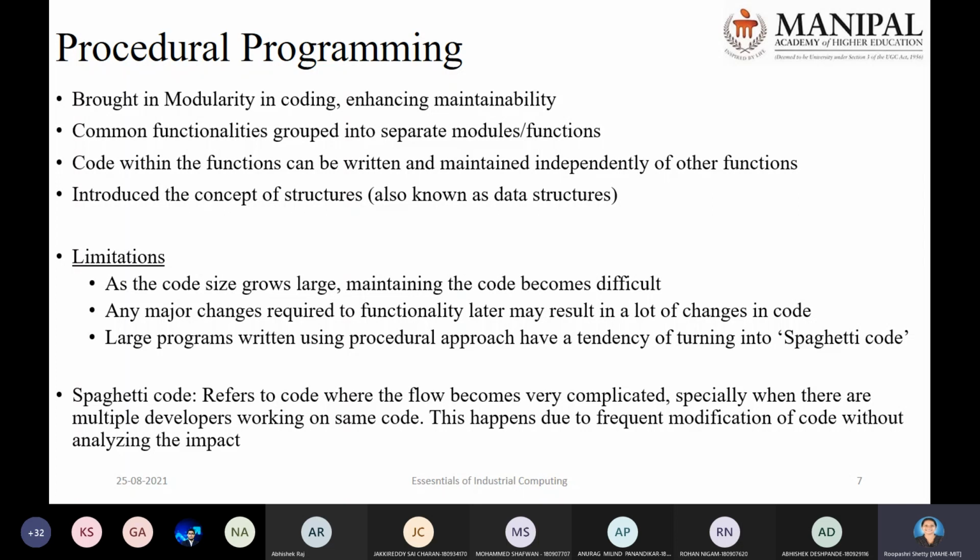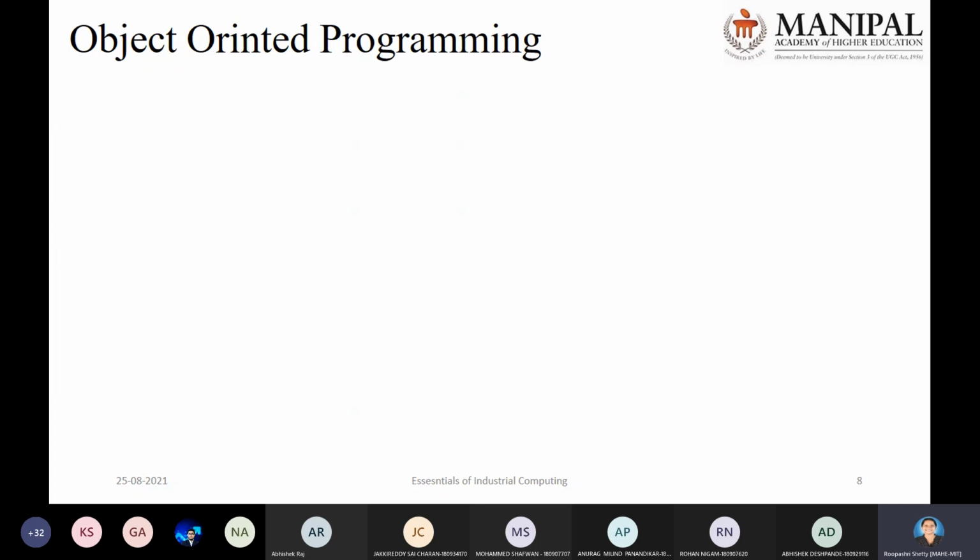That is a problem that happens in procedural programming when working on large programs or real applications. Fine. So in order to solve these limitations of procedural programming, the concept of object-oriented programming comes into the picture.